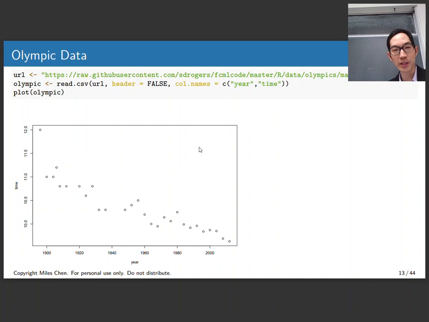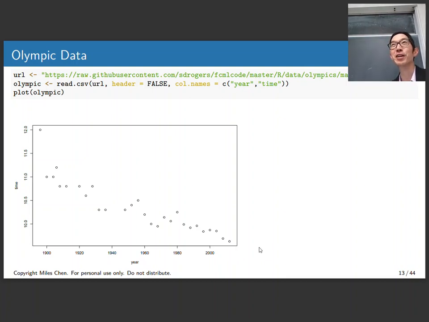Here's my Olympics data. The Olympics data example was the 100-meter dash, and we're looking at the gold medal time. What we see is that over time, the winning time has gotten faster. This is just what it appears. We don't know if it's going to continue forever.